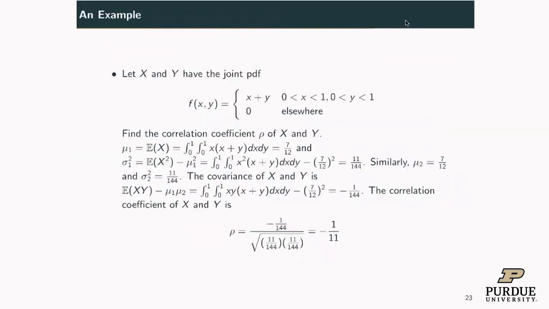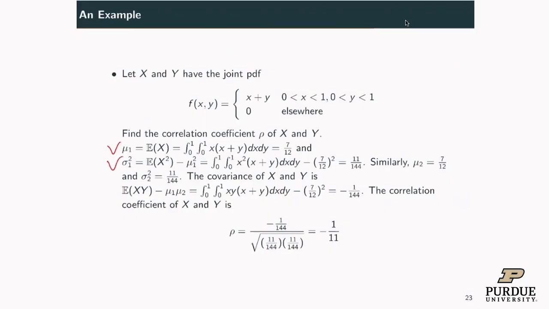First, let's see how we calculate the correlation coefficient. X and Y have the joint PDF, with support X between 0 and 1, Y between 0 and 1. Find the correlation coefficient, rho, of X and Y. For this example, we can get the mean of X, the expected value of X. You can do the double integration directly.